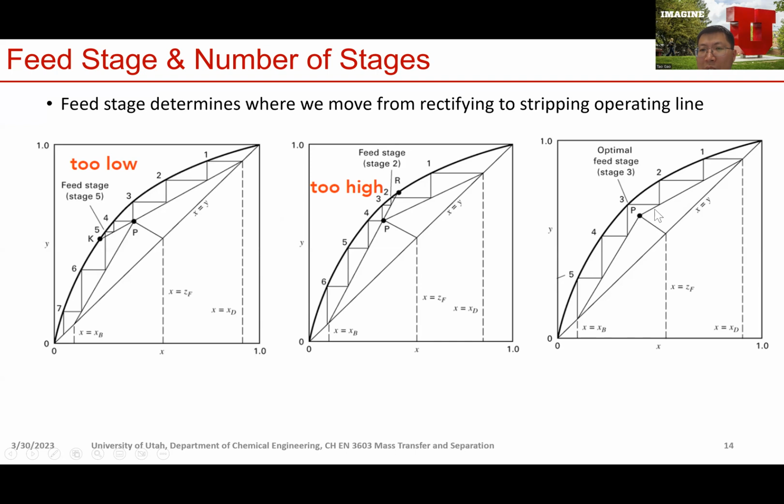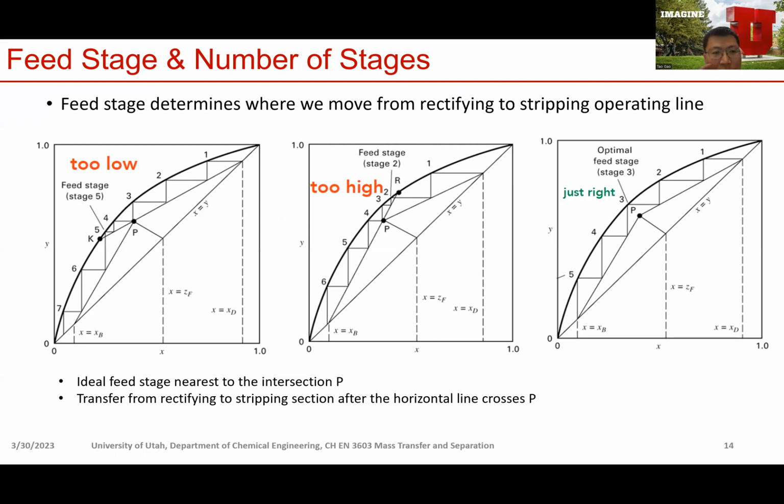The reason being that, as you can see clearly, we're trying to avoid operating too close to the equilibrium line. So in each stage, we can achieve a very reasonable change in the liquid phase composition. This is from 1 to 2, from 2 to 3, from 3 to 4, 4 to 5. Okay, so this is just right.